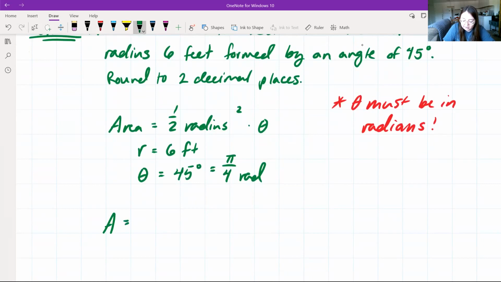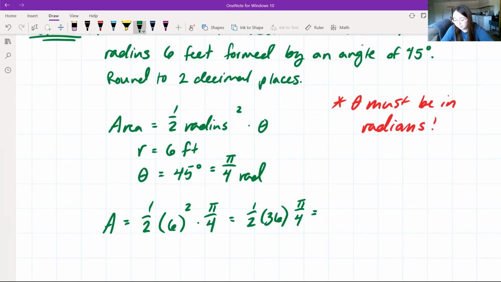So we have our area, which is A, is equal to 1/2 times radius squared, where our radius is 6 feet, times pi over 4. 6 squared is going to be 36. So we have 1/2 times 36 times pi over 4.